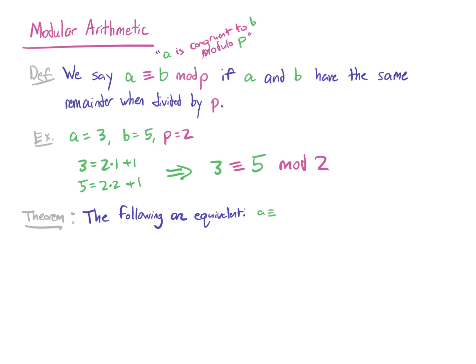A is congruent to B mod P if and only if P divides A minus B. So remember, this means that P divides A minus B without remainder. The remainder is 0. So these are two equivalent definitions. I can either check the formal definition of modular congruence, they have the same remainder when divided by P, or I can simply check that P divides A minus B.